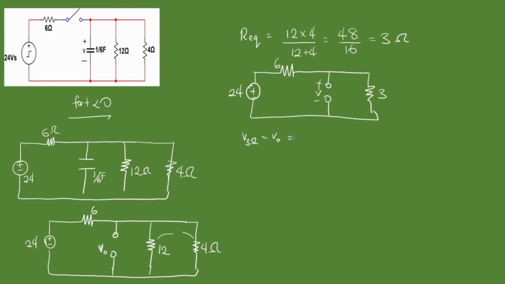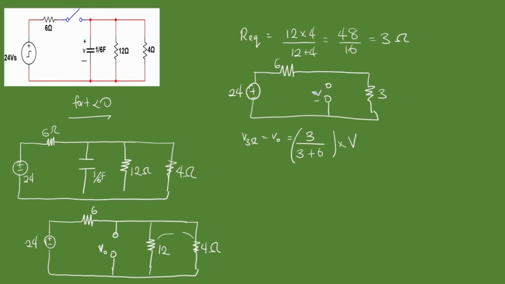And we get that with voltage divider. So that's 3 over 3 plus 6 times the voltage we're dividing. So this means we have in series, because ignoring this, you're still going to have a series connection.